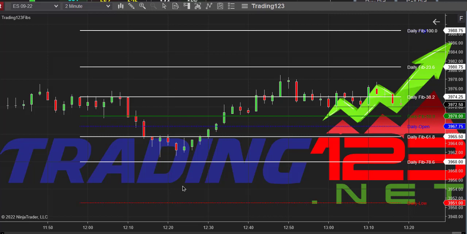Now the key reversal area is right here at 61.8. So this is your key reversal area. Price dips below, goes sideways, and then moves up through it. So this is the area where you'd go long. And then you target the next fib level. So 39.65 to 39.74, that's another 8 to 9 point potential profit.